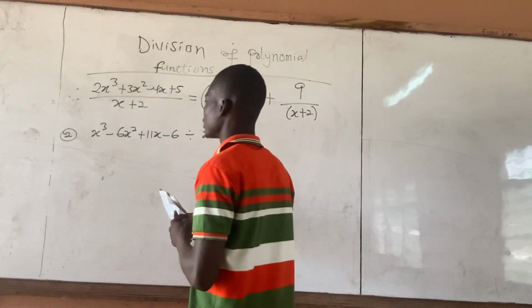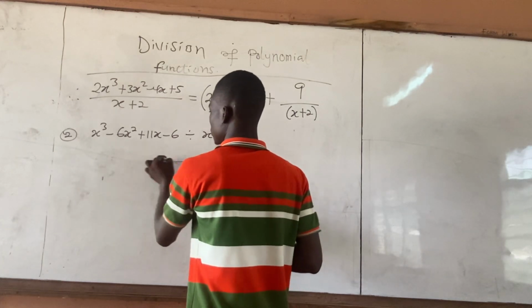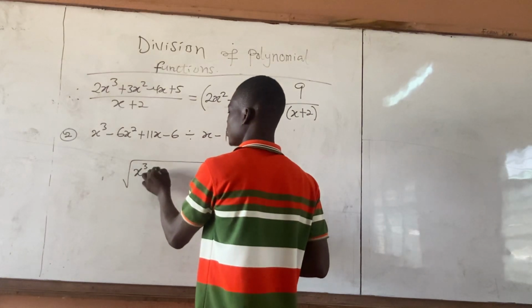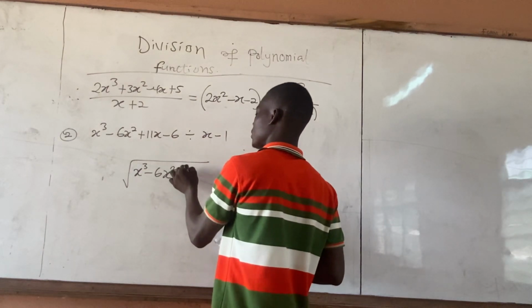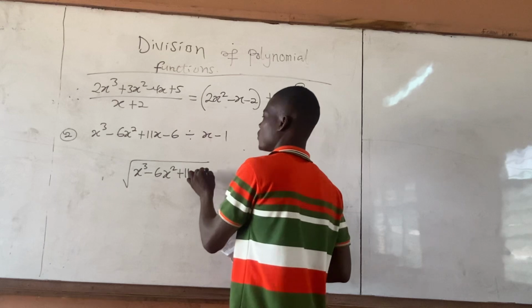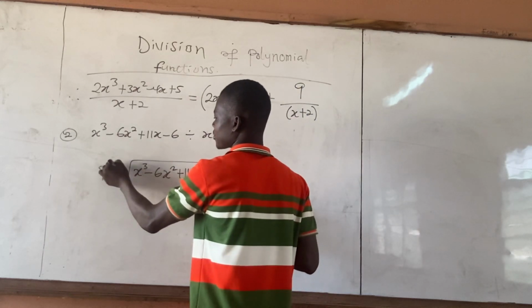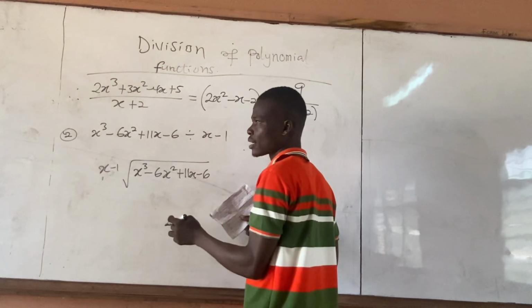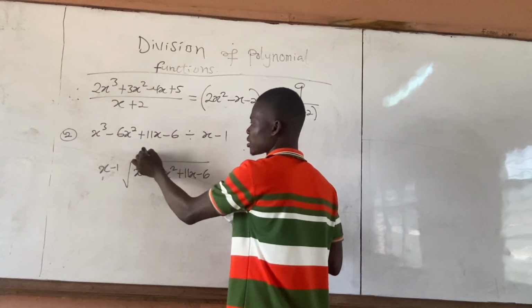So we are going through the same process, the dividend inside the table and divisor outside here. So s goes into s cubed. How many times? Take your time. You see, we are going to get what? s squared.